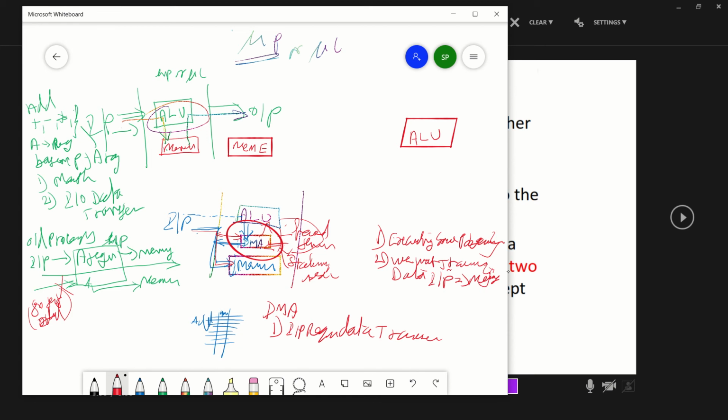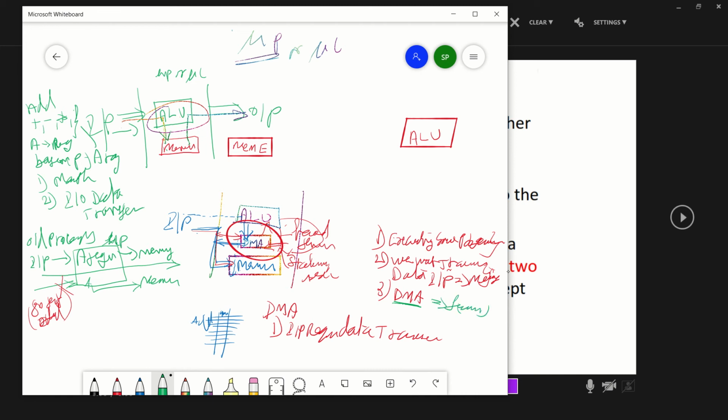To avoid this time lag, we introduce the concept of DMA, direct memory access. So what is the function of the DMA?